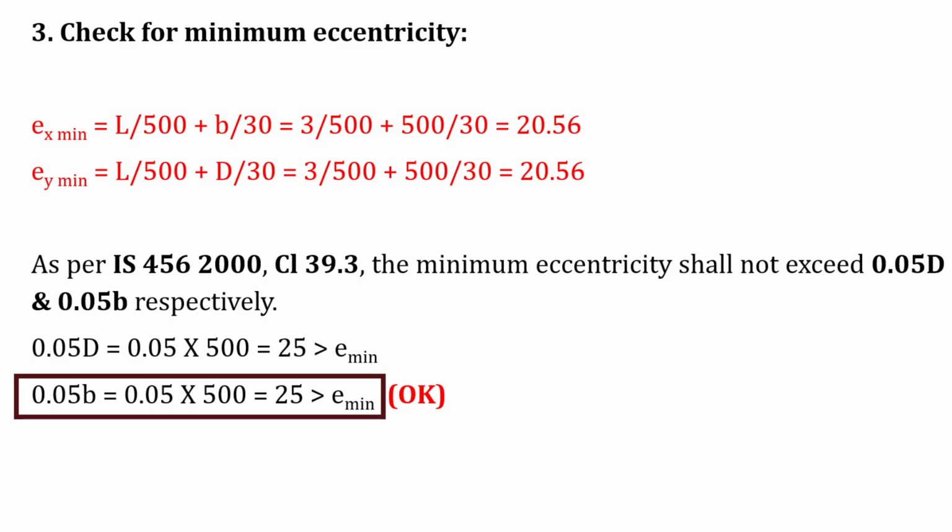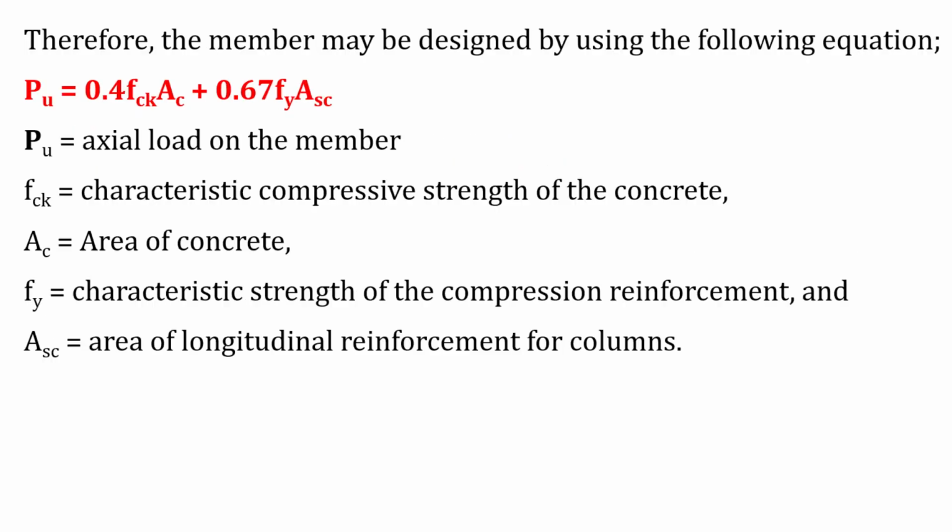Therefore, the minimum eccentricity requirements are satisfied. Now, we can proceed to the member design by using the equation Pu equals 0.4 fck Ac plus 0.67 fy Asc, where Pu is the axial load on the member, fck is the characteristic compressive strength of the concrete, Ac is the area of concrete, fy is the characteristic strength of the compression reinforcement, and Asc is the area of longitudinal reinforcement for columns.